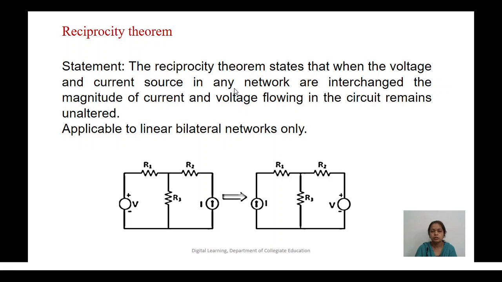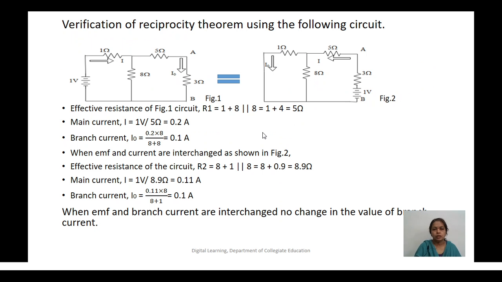If the two sources are interchanged, the magnitude of current and voltage flowing in the circuit remains unaltered. That is what the theorem says. We will see whether it is true or not by solving a numerical problem.